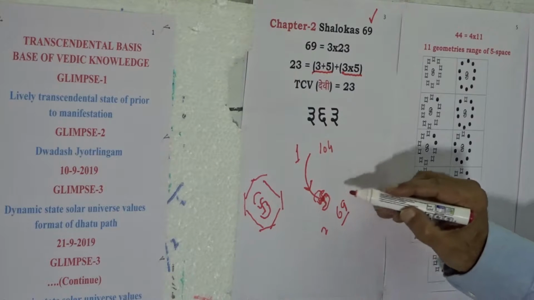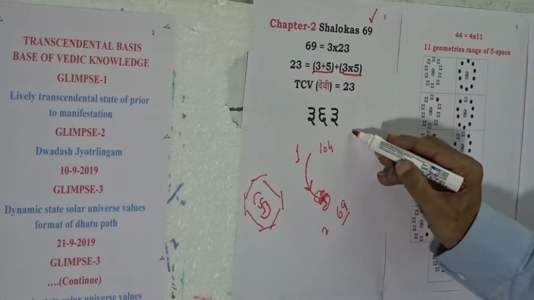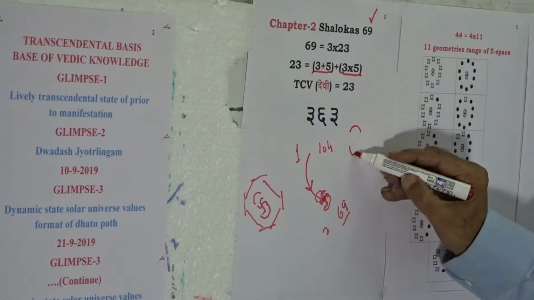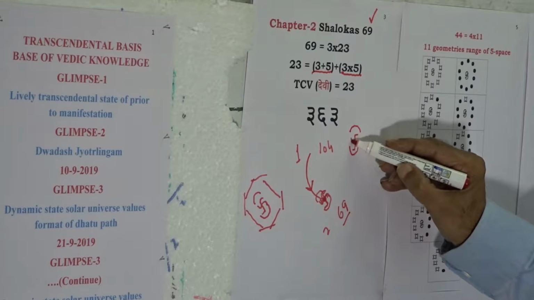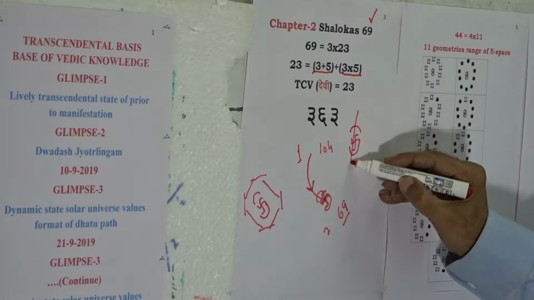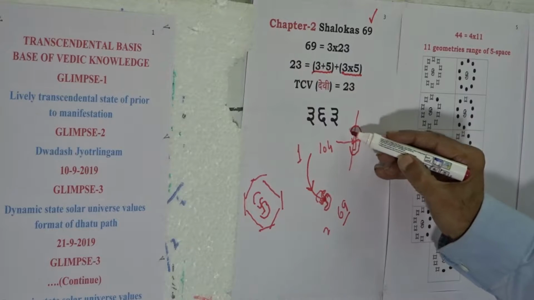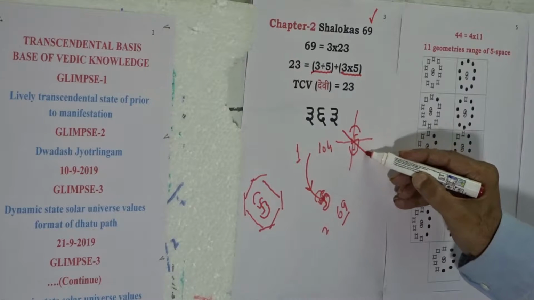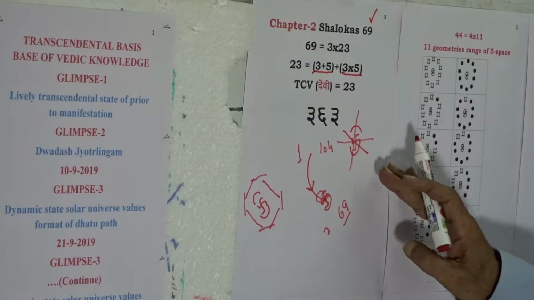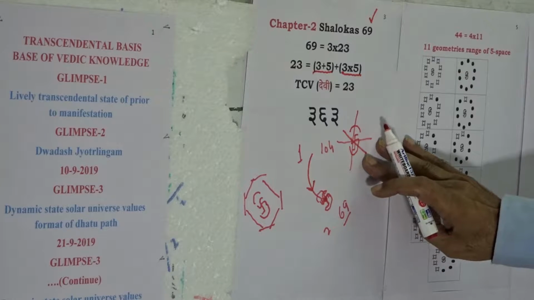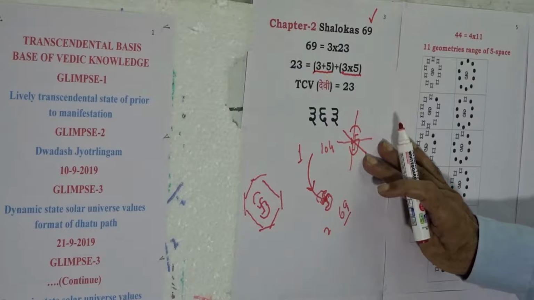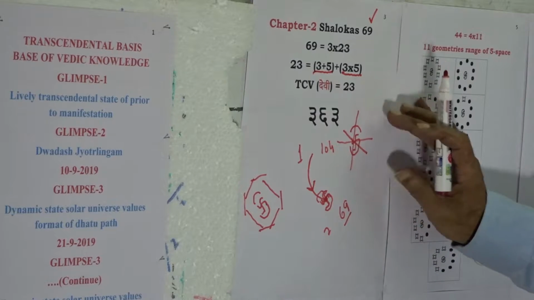Let us see that 5 space, which is in the role of origin, is a solid dimensional setup. 3 space is playing the role of the dimension of 5 space.